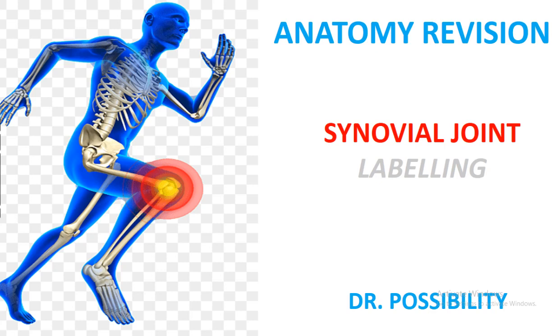In this video, I'm just trying to explain and label some parts of the synovial joint. We need to understand that we have different types of synovial joint, such as a saddle joint, the ball and socket, the pivot joint, all different types of joint.